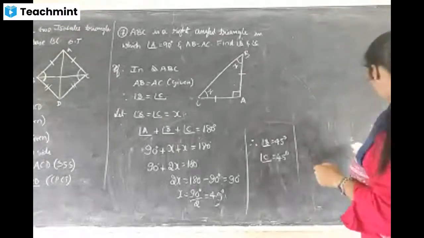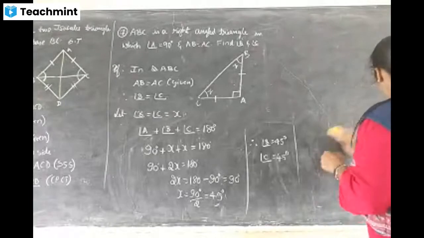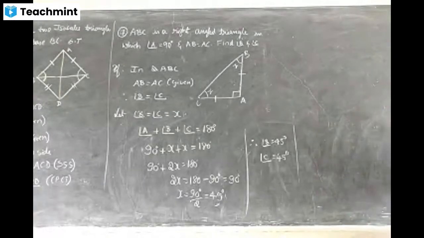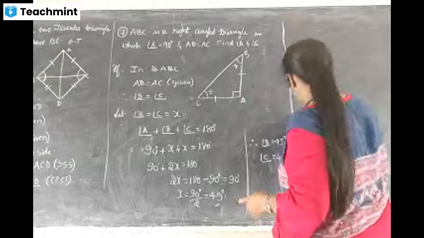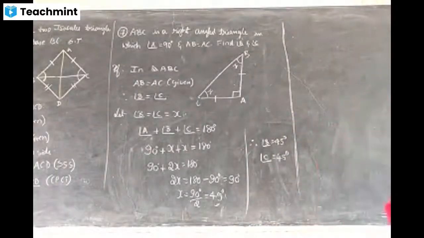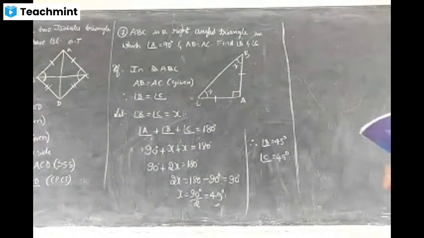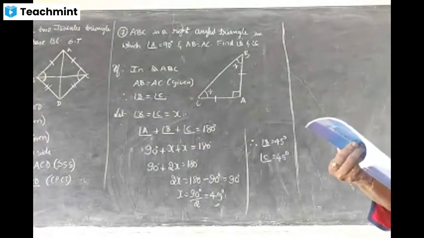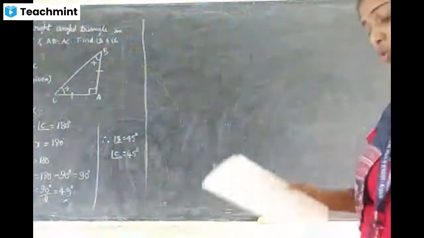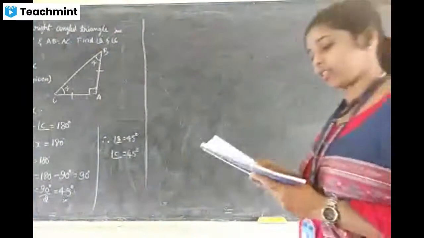Next, we will move to the RHS theorem. RHS is a right angle triangle theorem. It is not exactly a theorem, it is a statement, but the statement is important. They may ask, state the RHS rule, or state the RHS congruency rule.